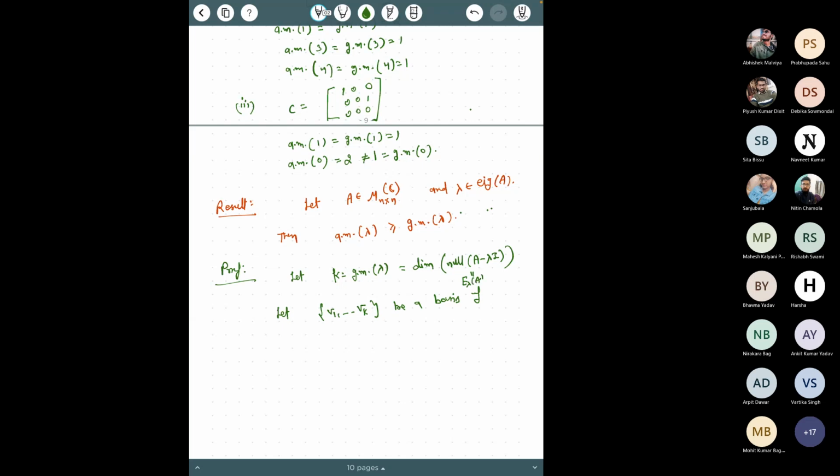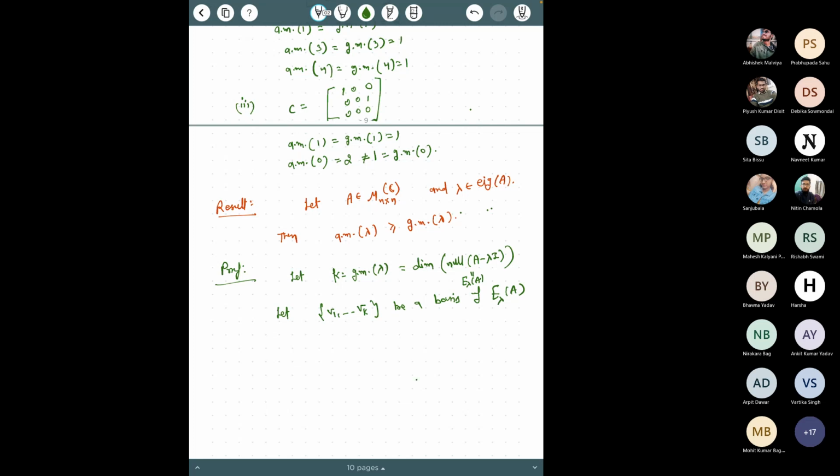Now this is the basis. I can extend this basis to a basis of Cn. This eigenspace is a subspace of Cn, and V1 to Vk form a basis of the eigenspace, so I can extend this basis to a basis of Cn.